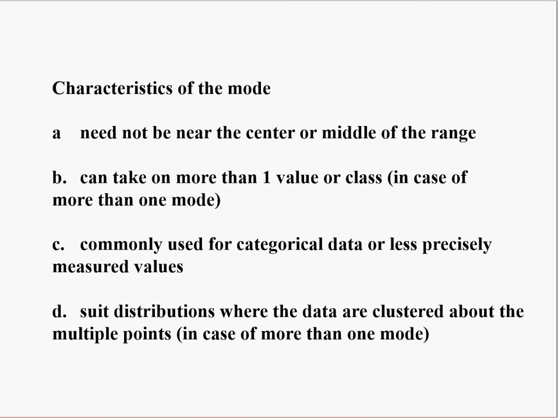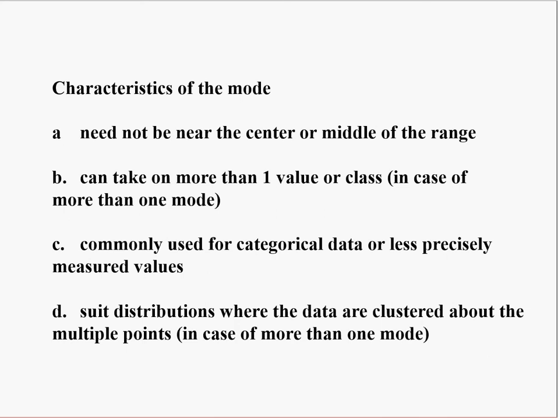Characteristics of the mode. The mode does not need to be near the center or middle of the range. For example, you could have a data set that reads like this: 2, 2, 2, 3, 4, 5. In this data set, 2 occurs 3 times. 3, 4, 5 occur 1 time.